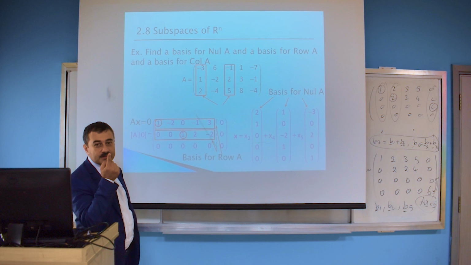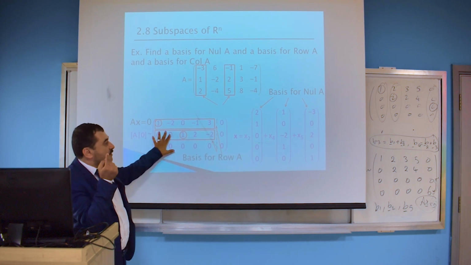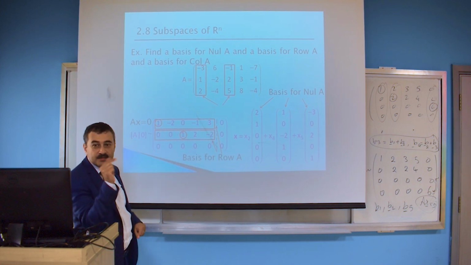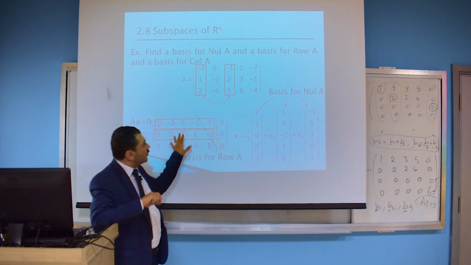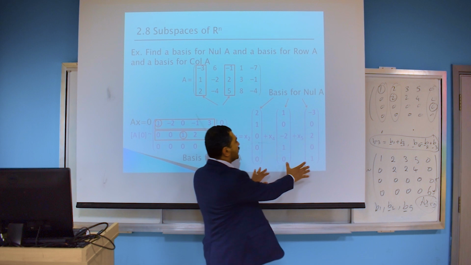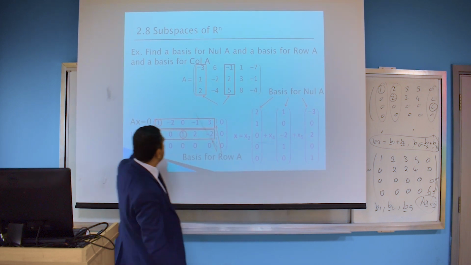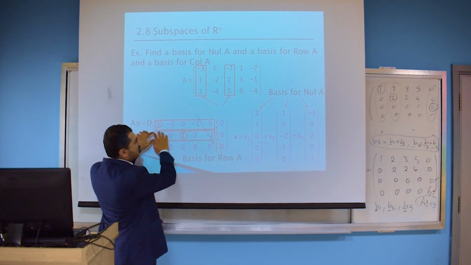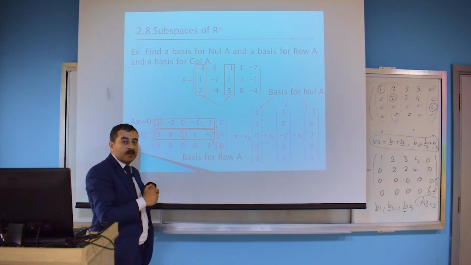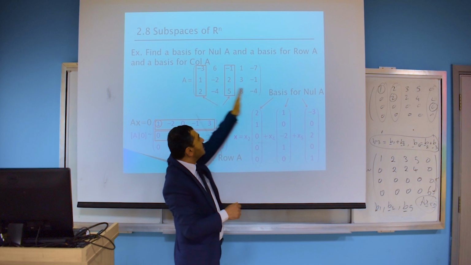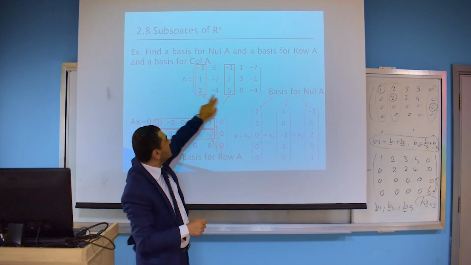Actually, one reduction, okay, and found from this reduction all the spaces and basis for each space. So this is the null space and this is its basis. The row space is the span of these rows and its basis is these rows. The column space is the span of these columns and its basis is these columns.